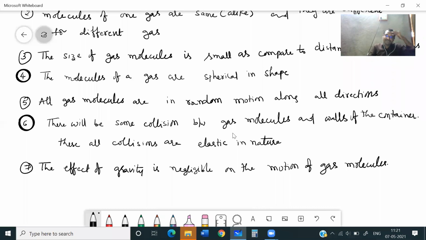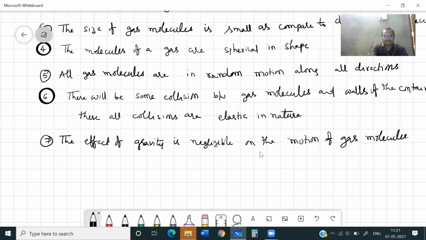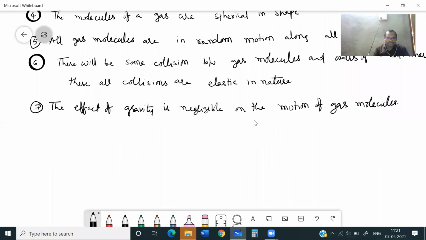For example, if a gas molecule is moving like this, and if effect of gravity is present, instead of going in a straight line, it will curve.